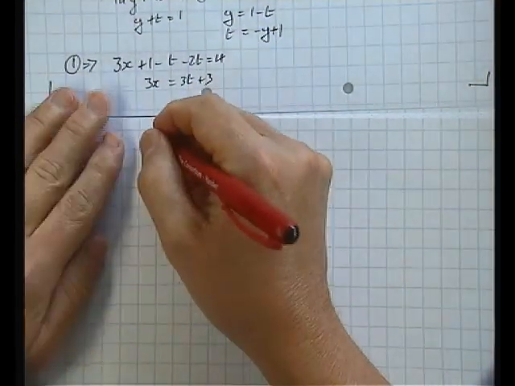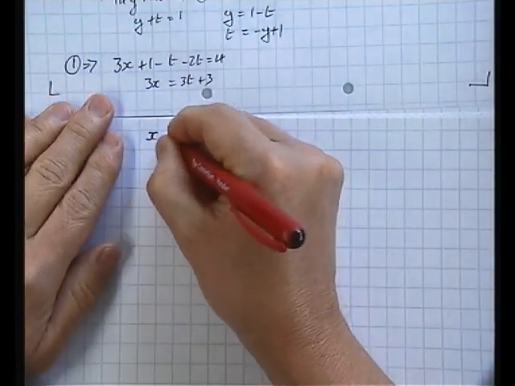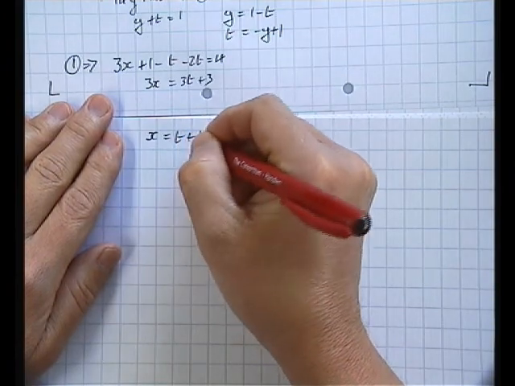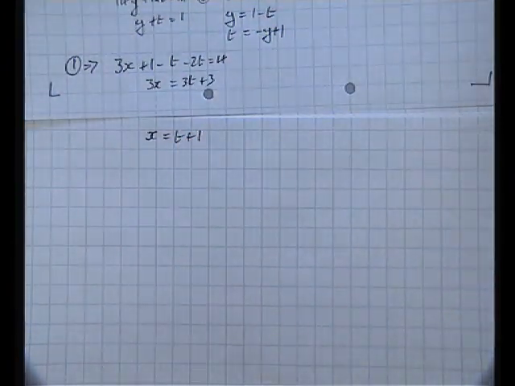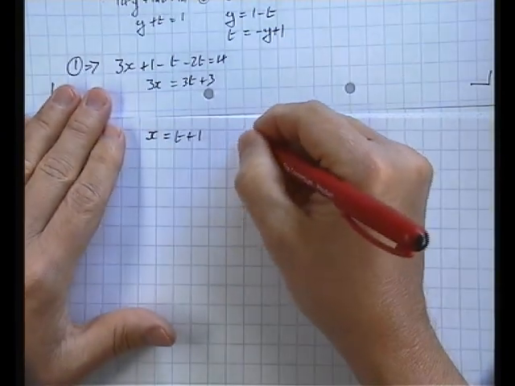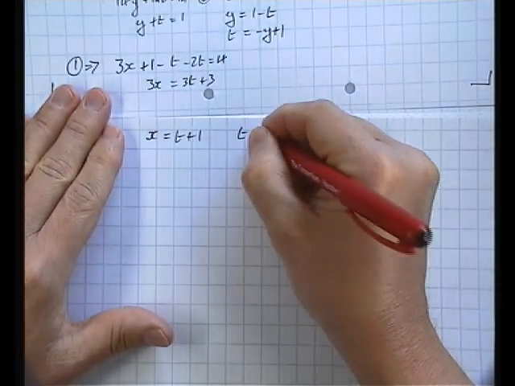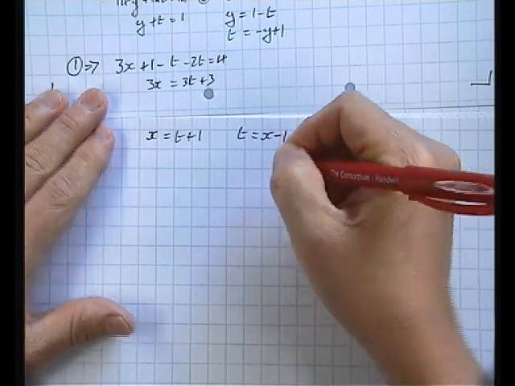Divide through by 3 again. I'm going to get x = t + 1. So I've got my equation in terms of x there. I'm going to rearrange that because I'll need it later with t as the subject. So t = x - 1.